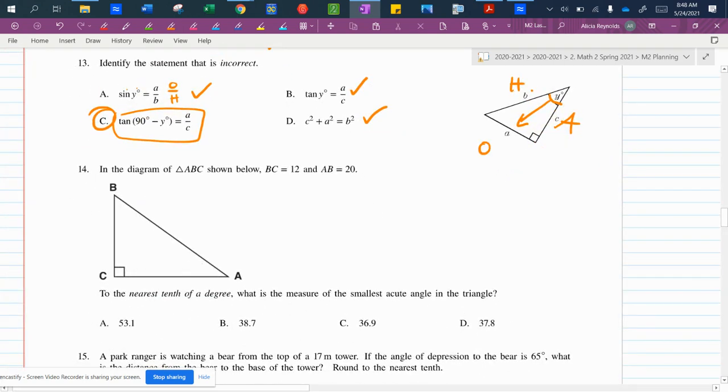So understand here, I want to do this one too because this one is tricky. BC is 12. AB is 20. How do I find AC? This is a right triangle. I'm not giving any angles. What do we know about the three sides of a right triangle?